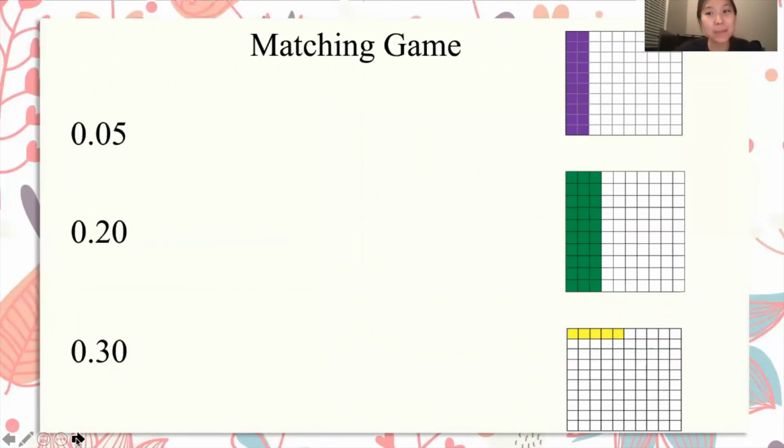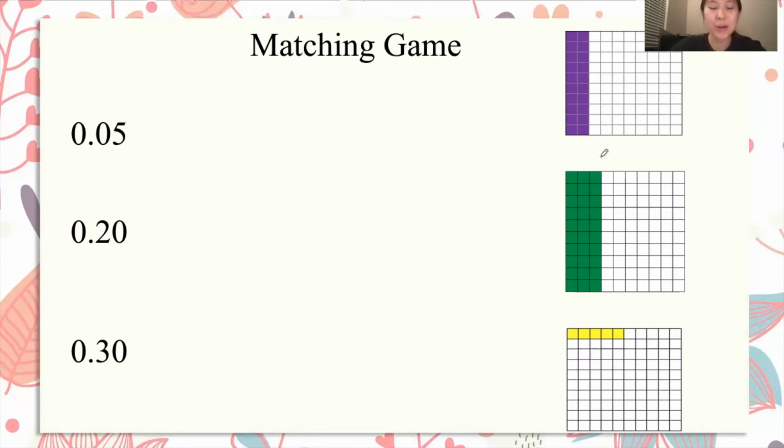How about we practice it by playing this game. This game is called the matching game. As you can see, on my left side, I have 3 decimal numbers, which are 0.05, 0.20, 0.30. And on my right side, I have 3 sets of visual models corresponding to each decimal number.